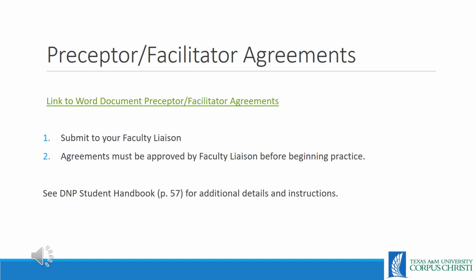The DNP handbook has more information about the preceptor-facilitator agreement along with the forms. In the organization in Blackboard Doctors of Nursing Practice, you'll find a Word document version of the agreement. You should submit your agreement to your faculty liaison, and all agreements must be approved before beginning practice.